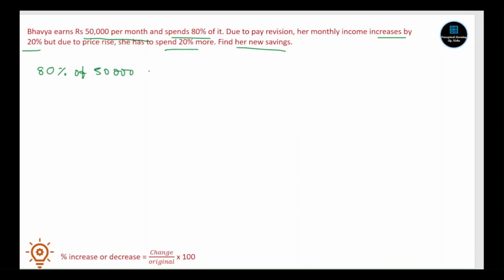Okay, so it is nothing but 80 upon 100 into 50,000. What do we get if we simplify this? The zeros cancel out, you'll get 40,000. So this 40,000 is what? This is nothing but her spending. Okay, how much she spent? So she spent 40,000.